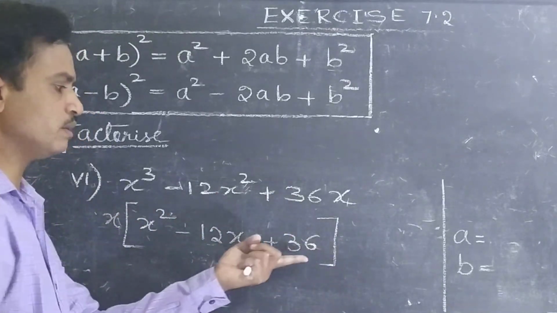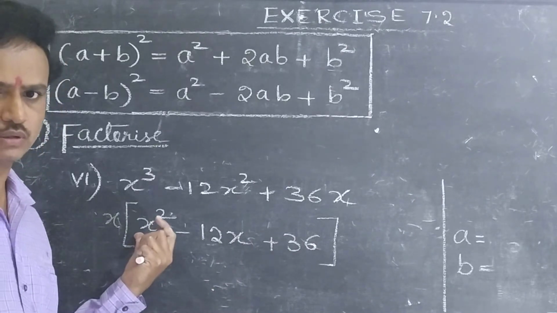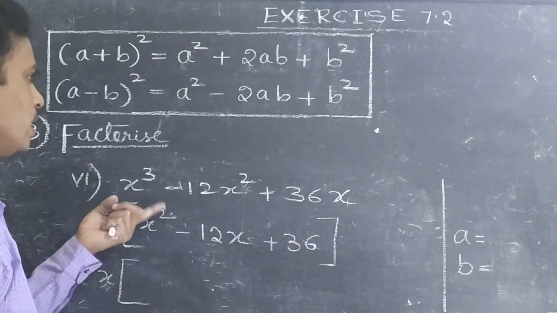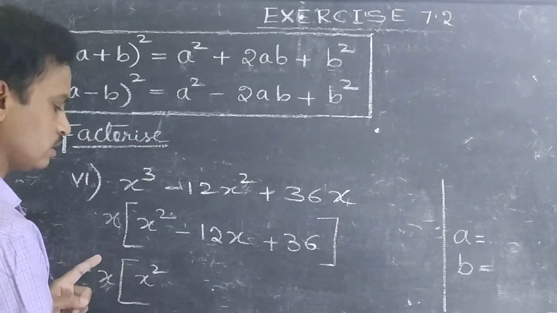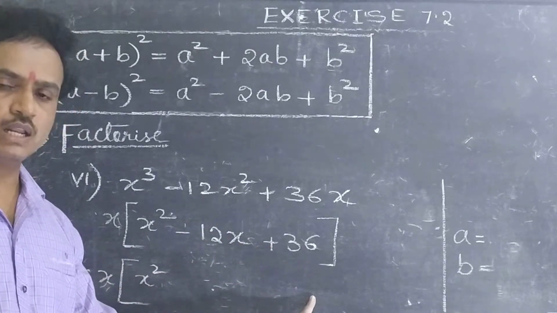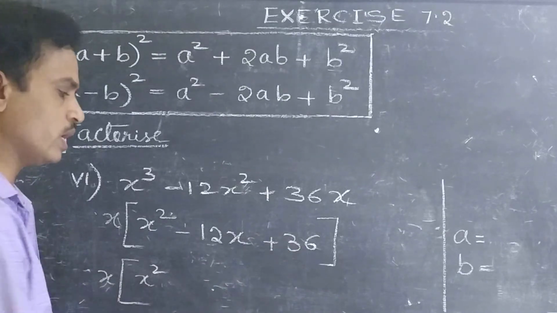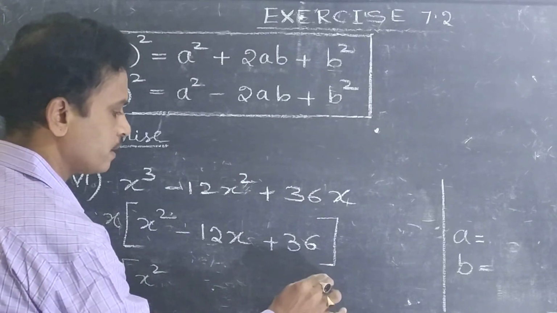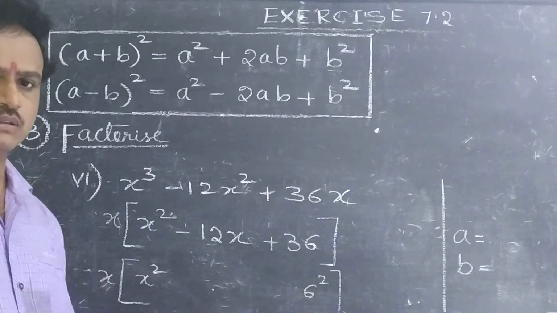Now 36 is a perfect square number. Here x square is also a perfect square number. Now x square is in the form a square, so write it as it is, x square. After finding the first term, go directly to the last term. 36 can be written in the form 6 square, in the b square form. 6 square is 36.